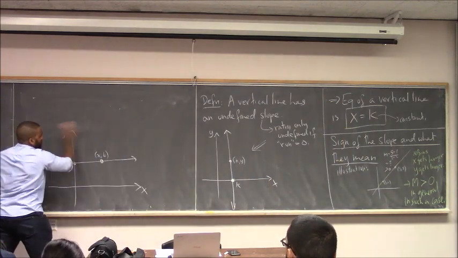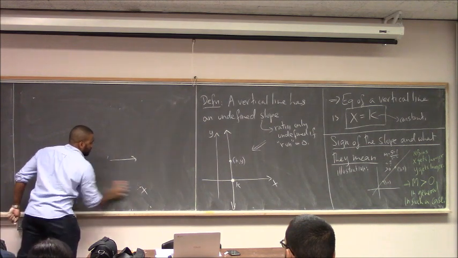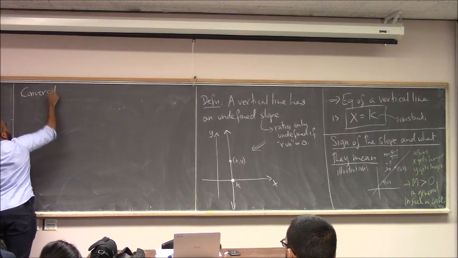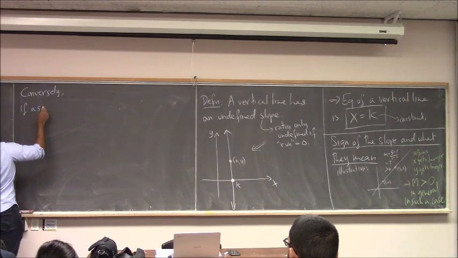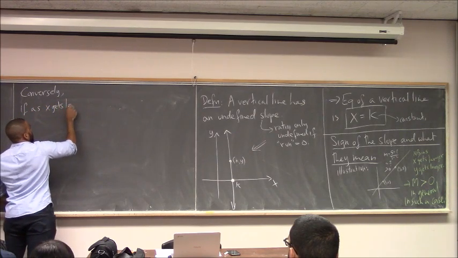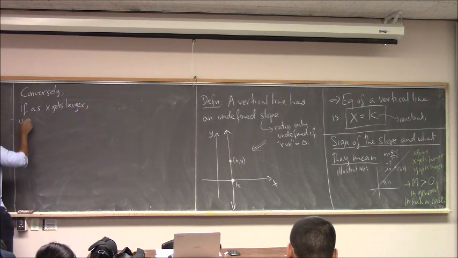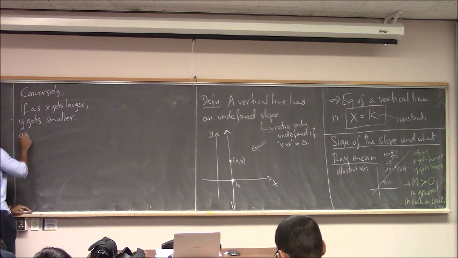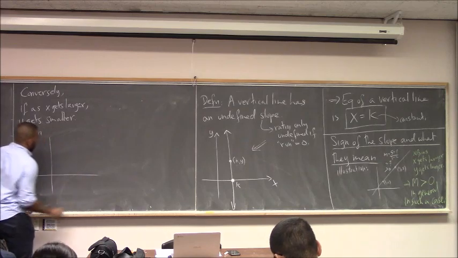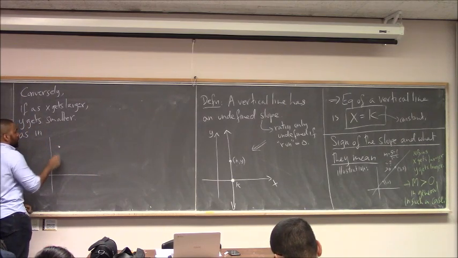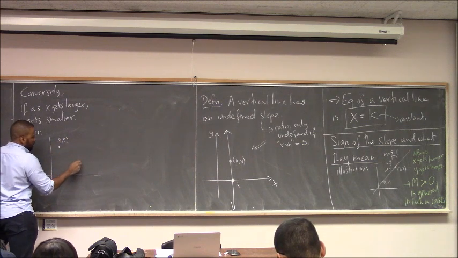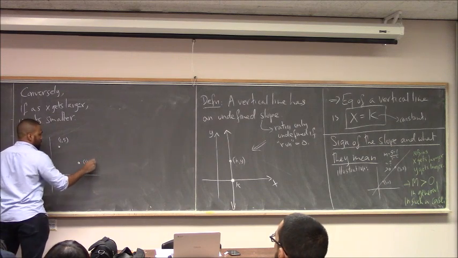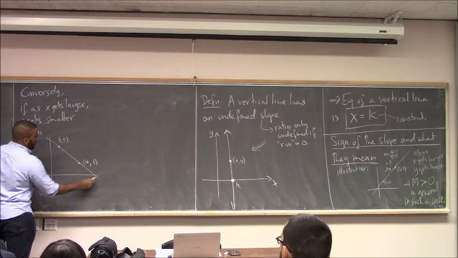Conversely, if as x gets larger, y gets smaller, and let me give you a random example. Let's say over here we have (1, 5), while over here the x is some larger number, like say 4, but the y value is obviously a smaller number.